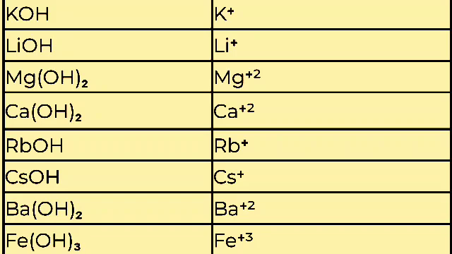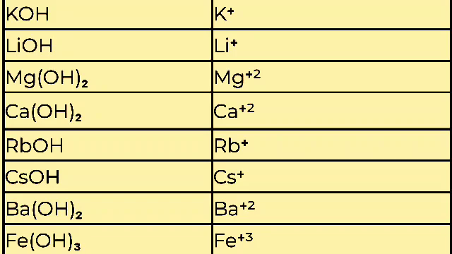Similarly, lithium hydroxide, LiOH, when OH is removed, lithium ion is formed. Magnesium hydroxide, Mg(OH)2, when hydroxide ion is removed, forms magnesium plus 2 charge, which is called a basic radical. Calcium hydroxide, when hydroxide is removed, forms calcium plus 2 charge.